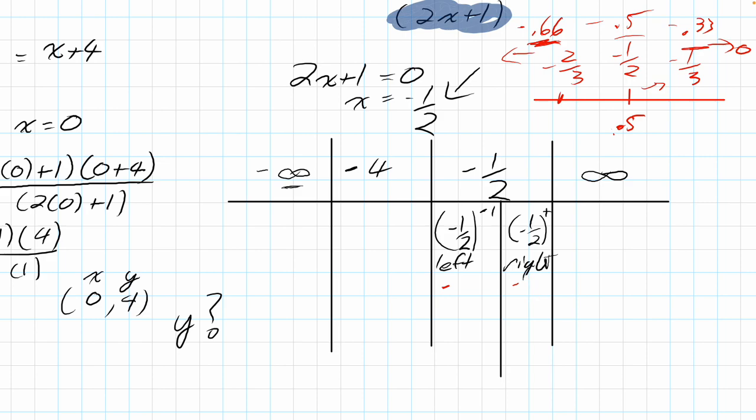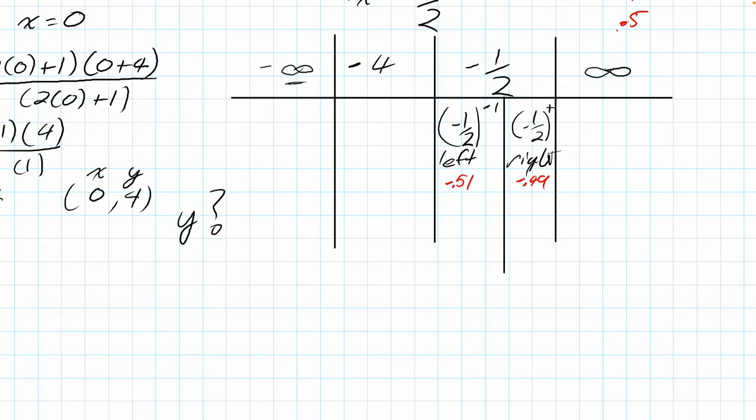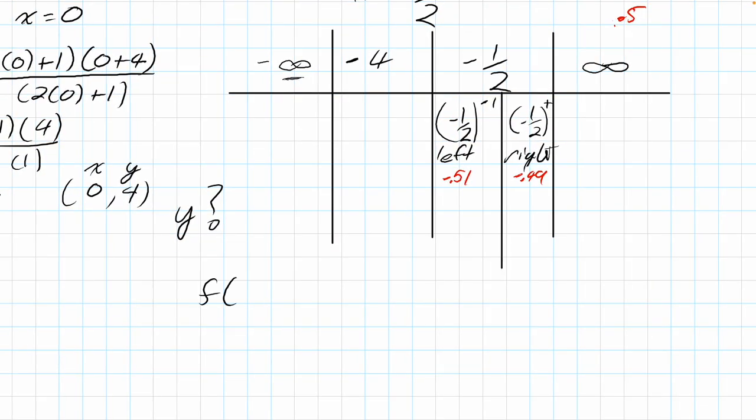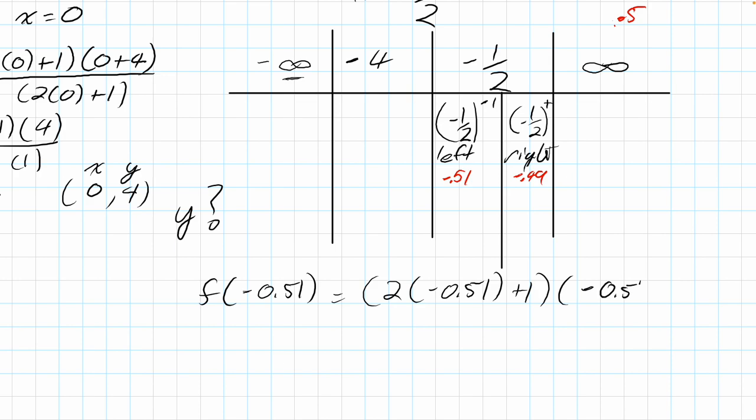So in this case, we'll use negative 0.51, and this one would be negative 0.49, okay? So what we can do is plug those into our equation. We're looking at f at negative 0.51, which will give us 2 times negative 0.51 plus 1, and then negative 0.51 plus 4.